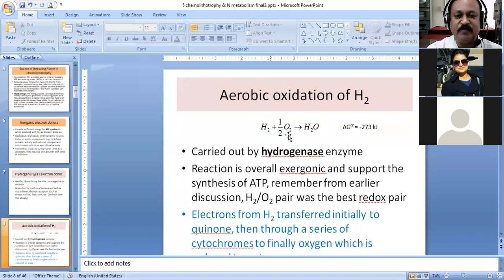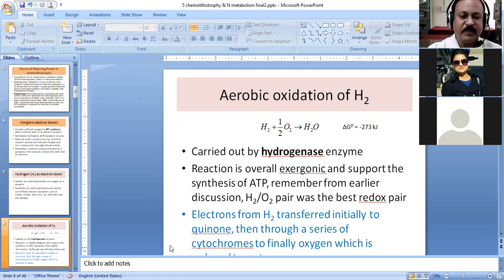This is the equation for the oxidation of hydrogen, a very simple equation which anybody can easily remember. The diatomic molecule H2 plus half O2 gives H2O, and the standard free energy change associated with the reaction is minus 273 kilojoules. Minus indicates that energy is released in the process, and 273 indicates that this amount of energy is enough for us to get a few ATP molecules.